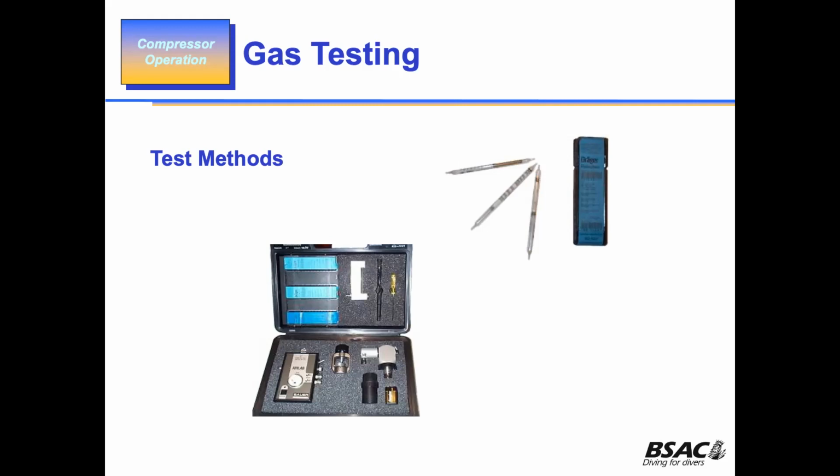It's a very easy way of doing your tests, but those Draeger tubes are once only use and they're not cheap. Or you can go a little bit up market and buy a kit for testing. Again, it's more expensive, but it's easier to use. But if you're a commercial outfit, that will have to be assessed every year and signed off as being checked, because it becomes a legal piece of kit.